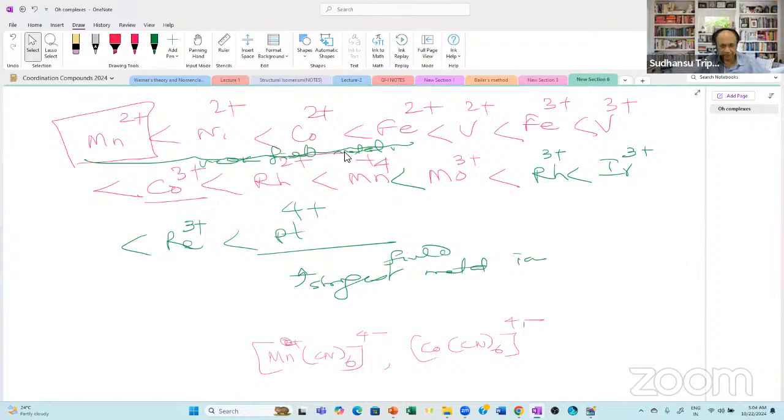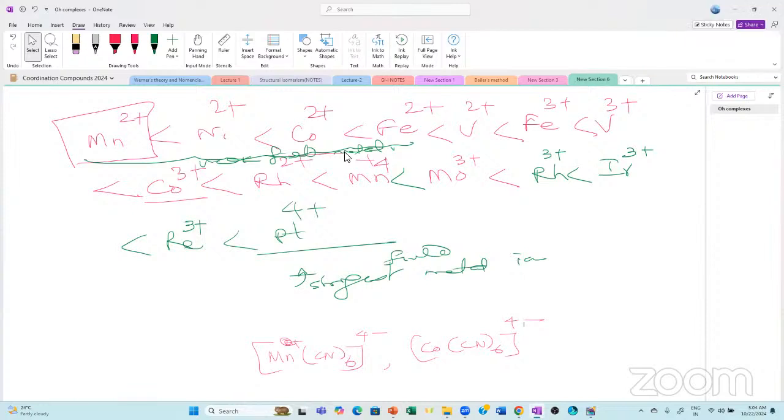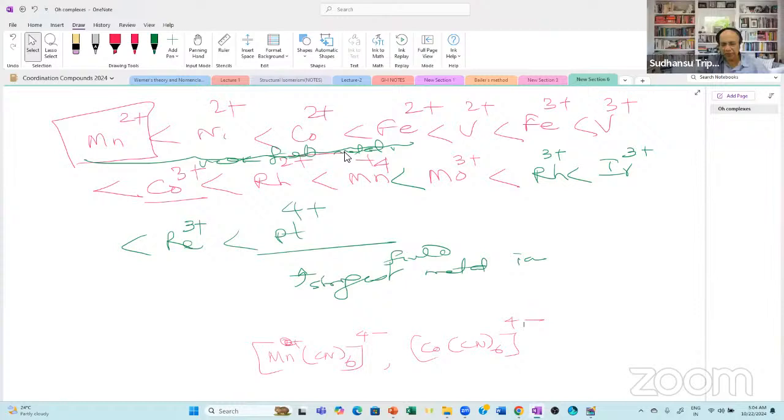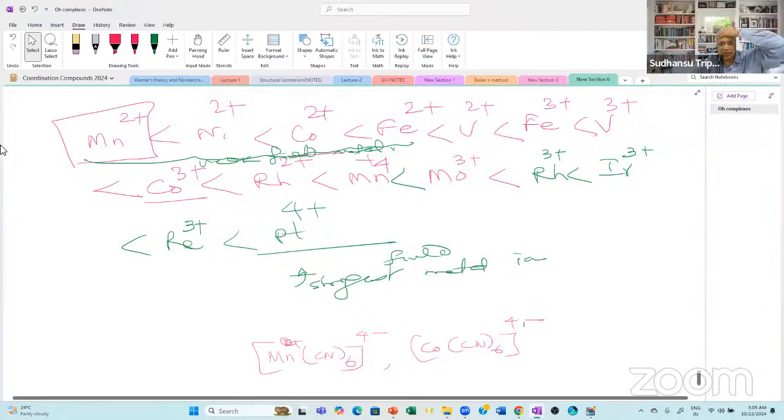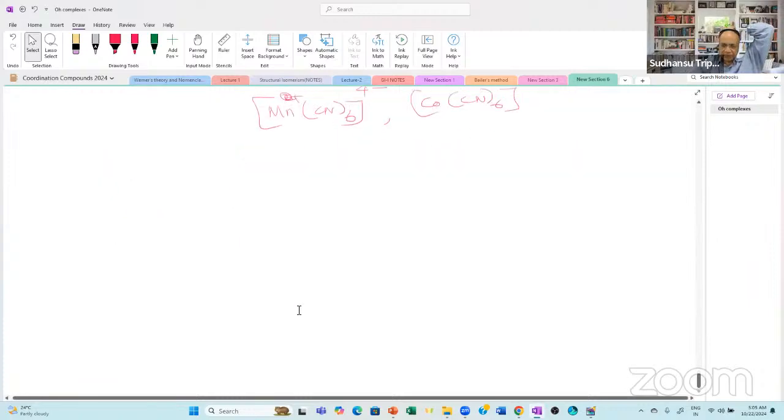You got it? So even if the oxidation state is the same and ligands are the same, metals have different del O values. Could be different, could not be different, maybe the same. By coincidence, two metals might be the same.